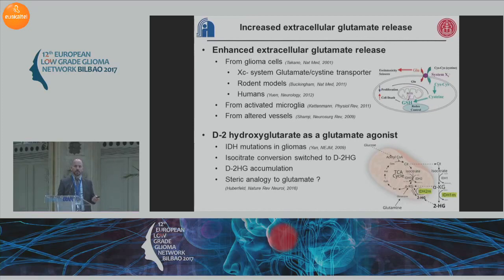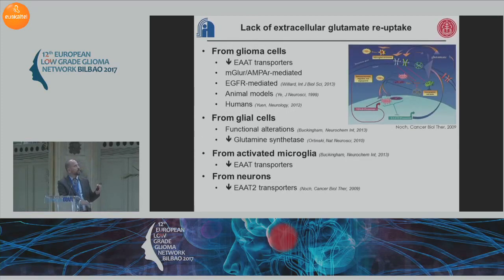In addition to this increase of glutamate release, we observe a lack of extracellular glutamate reuptake. There is a lack of reuptake by glioma cells, by non-tumoral glial cells, by microglia, and by neurons, because all of these cells lack the EAAT transporters that normally reuptake glutamate, due to glioma signaling.